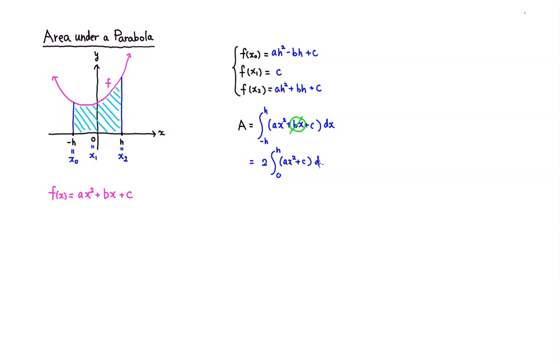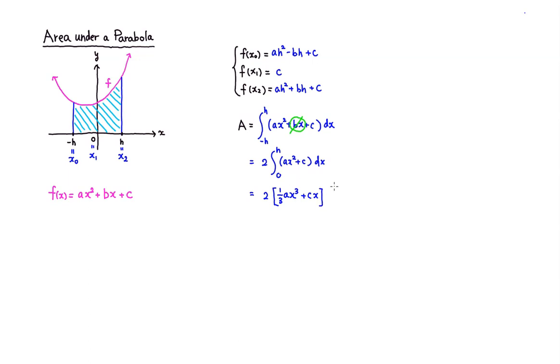Then find an antiderivative. The antiderivative of a, just a number, I'll just put a here. The antiderivative of x squared would be 1/3 x cubed. And the antiderivative of c is cx.